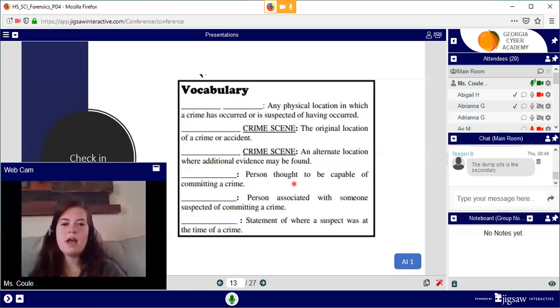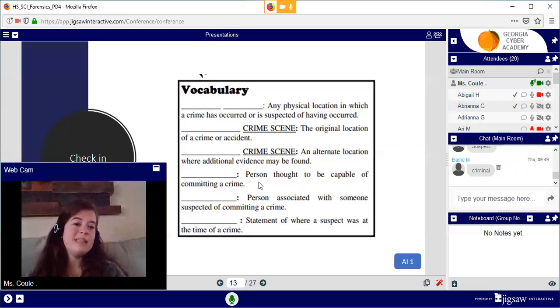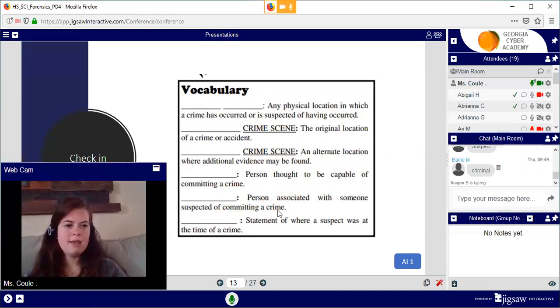All right. Who is the person thought to be capable of committing a crime? Suspect. Good. Perfect. It would be suspect because we're not sure. We just think they're capable of the crime, so they're a suspect. Who is a person associated with someone suspected of committing a crime? Starts with an A. Accessory, there's a better word though.